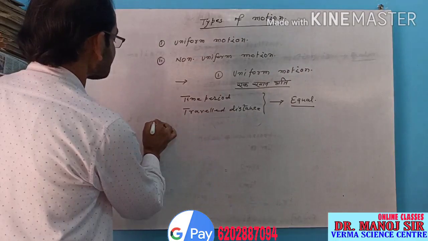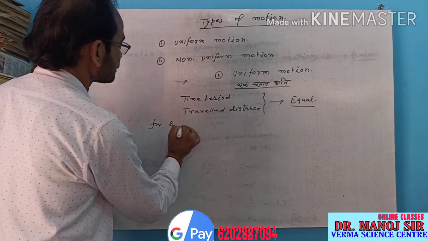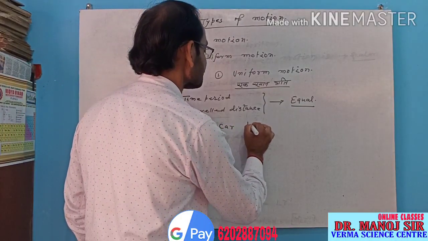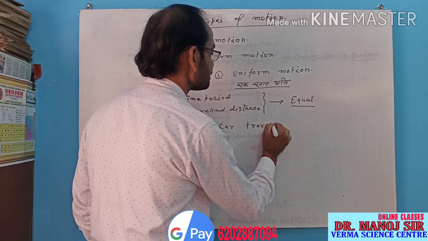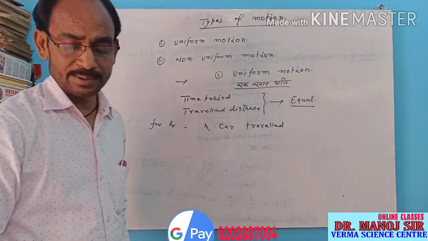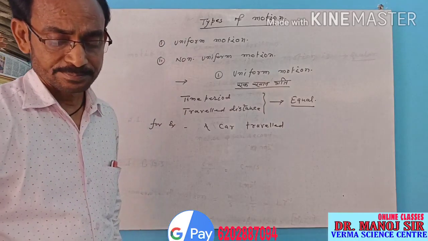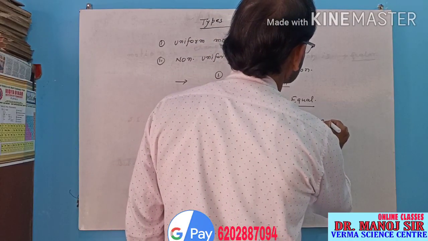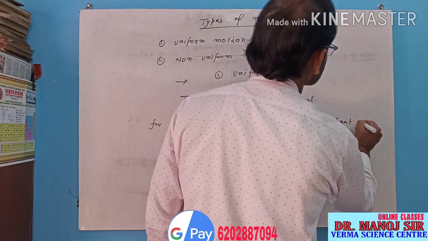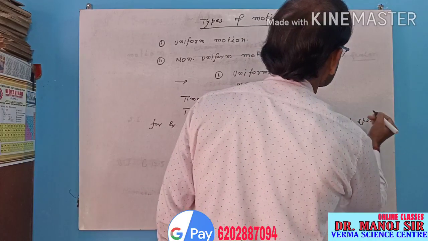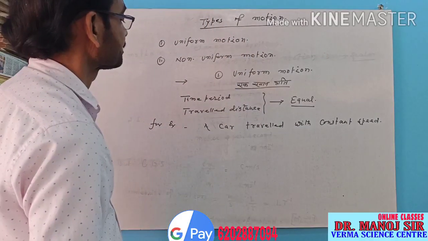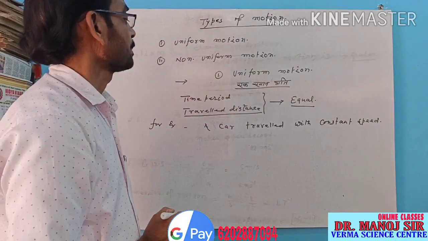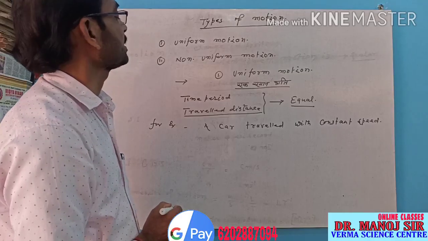For example, a car traveled with constant speed, equally changing position in equal periods of time.